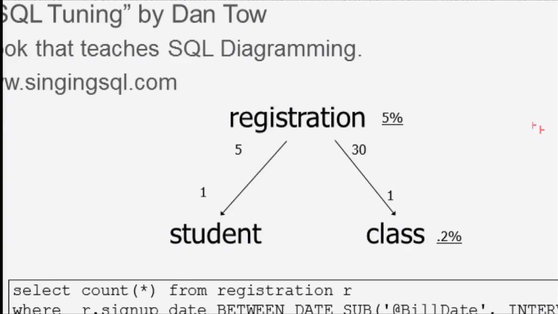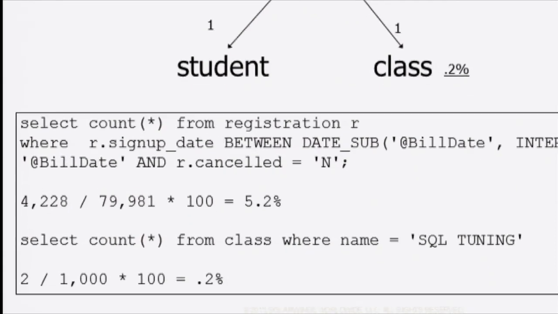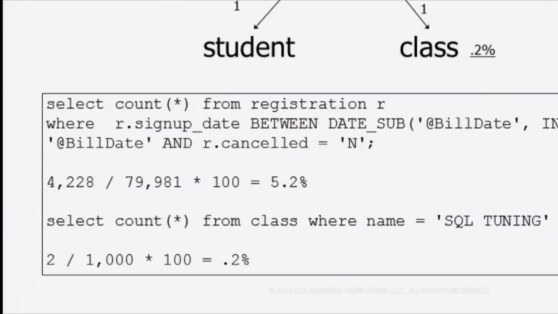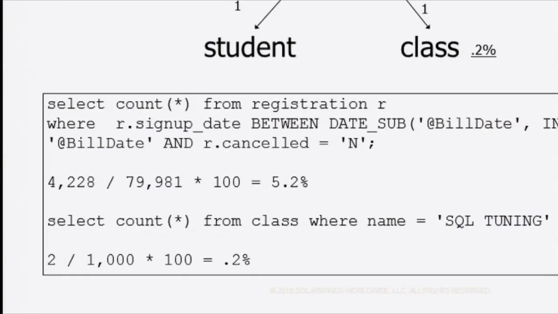The more interesting data are these right here, the filtering criteria. So we had 2 filters in our query. One was on registration, where we were looking up where sign-up date equals yesterday, if you will, and registration canceled equals N. Out of that filter, there would be 4,228 records coming back out of 79,000, almost 80,000 records.